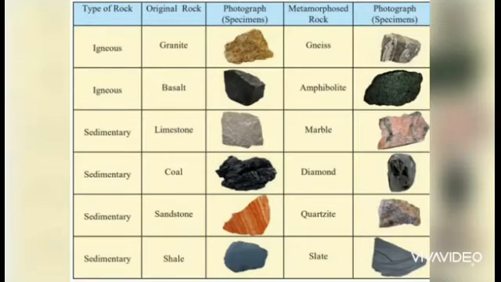The next is the sedimentary rock limestone, which gets metamorphosed or changed into marble. Marble is a stone that is used in our day to day life, for example, the kitchen platform, decorative items, the flooring, etc. The next sedimentary rock is coal, which is metamorphosed into diamond.